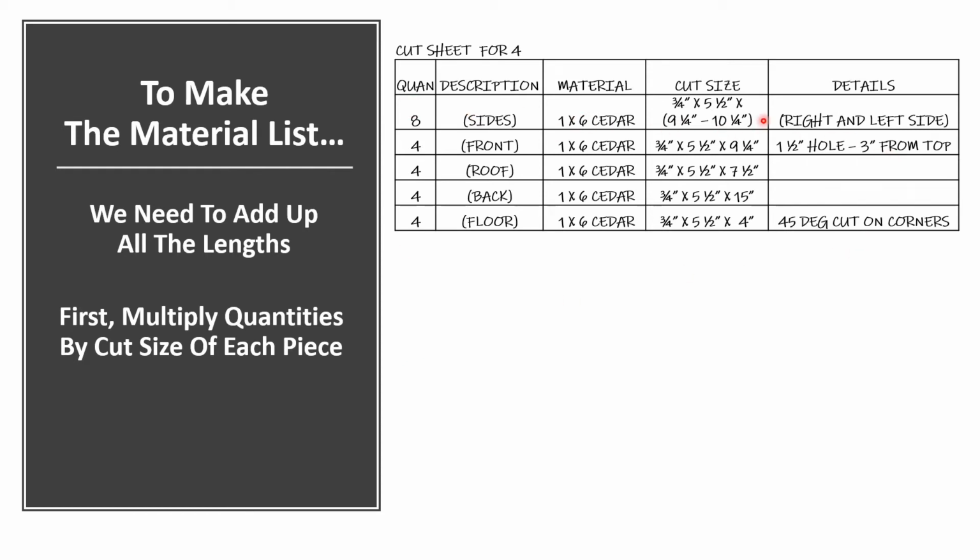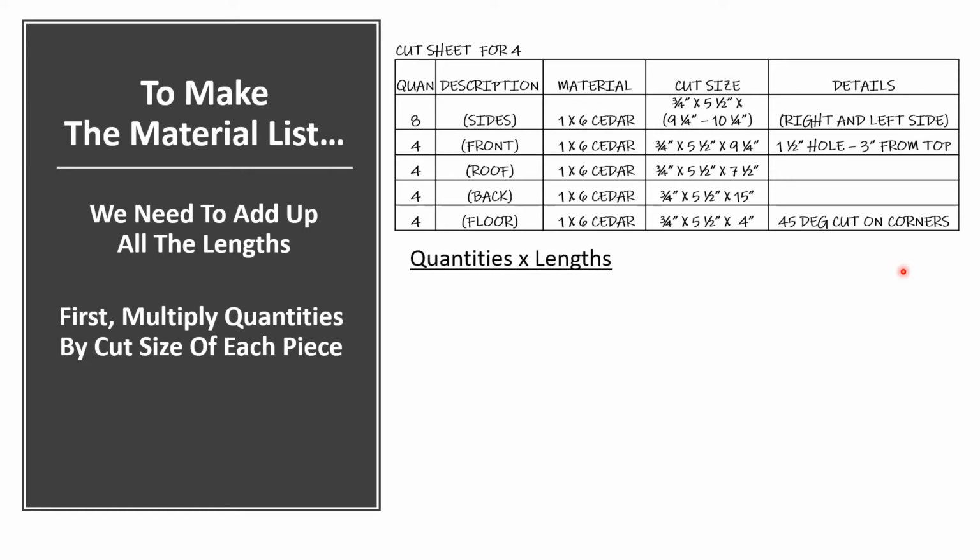So like right here, we looked at these sides. We're going to cut these 10 1/4 because that's the longest part. So we would just go 8 times 10 1/4, right? And that would tell us how much lumber we need for this. And then we would do that for all the rest of them and add it together.